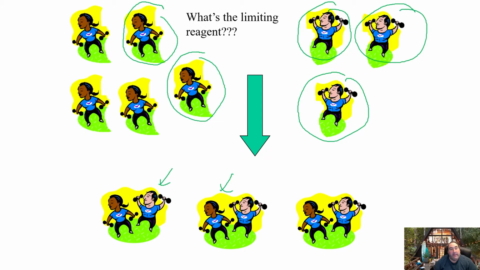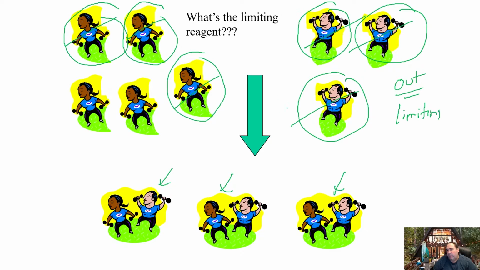We would need this one here and this one here to make this product, which means that if we get rid of everything we used, I am out of the men workout guys, which means these guys in my example would be our limiting reagent. I actually do have some left over of the women workout people. And if we look at it here, we could figure out how much is left over.